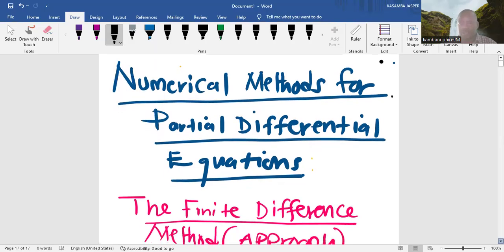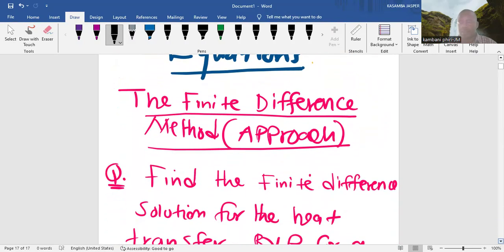We want to look at one specific approach, which is the finite difference method or approach. We have got the shooting method, so on and so forth. But in this case, we want to look at the finite difference method or scheme.